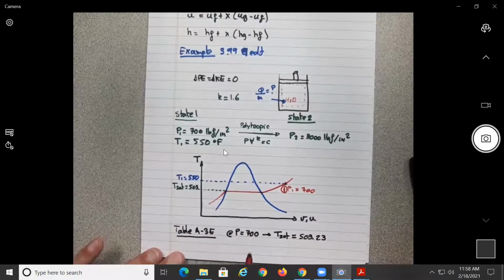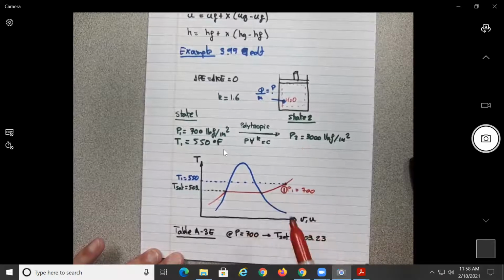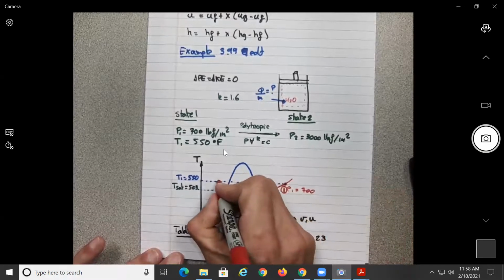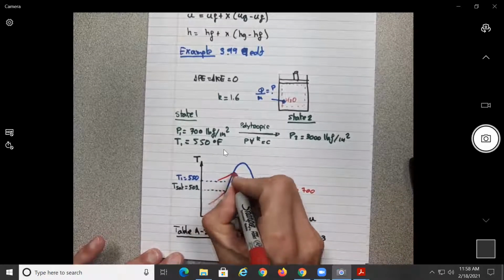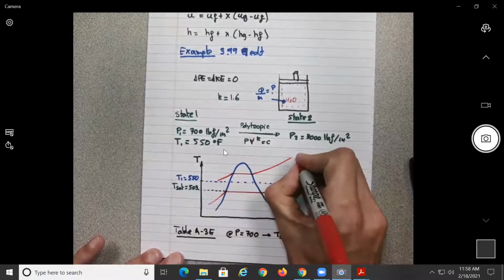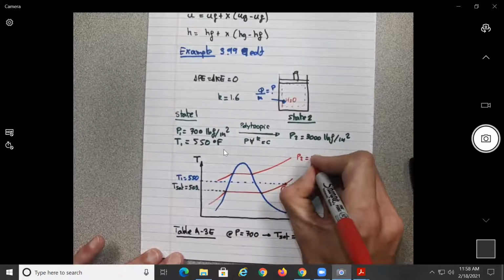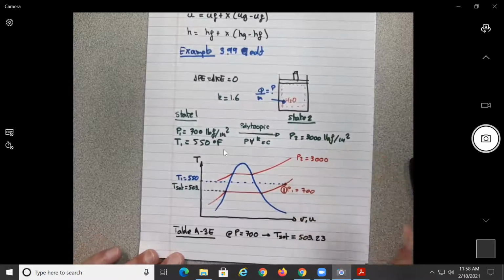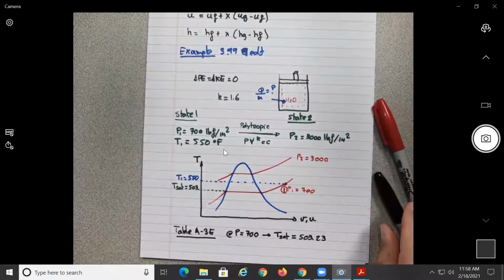So now, what do we know about P2? Okay, P2, let me plot it here. We know P2 here will be 3,000.